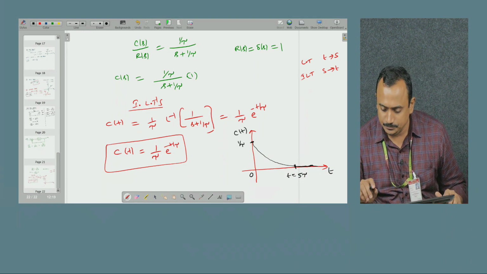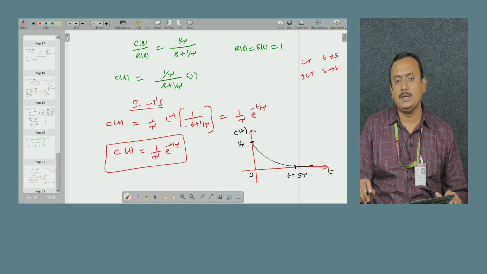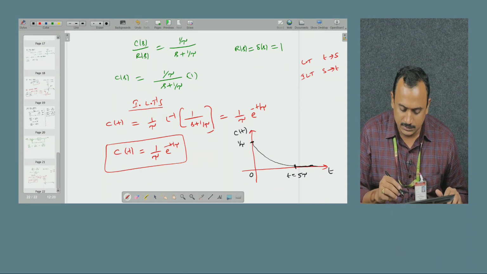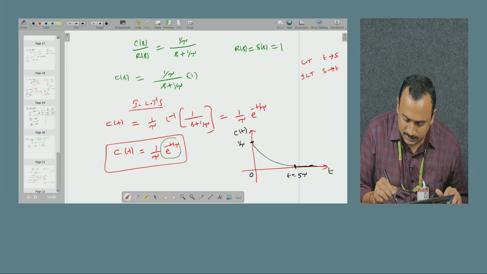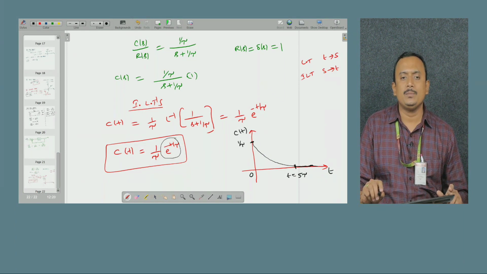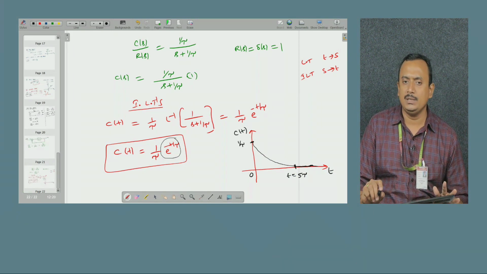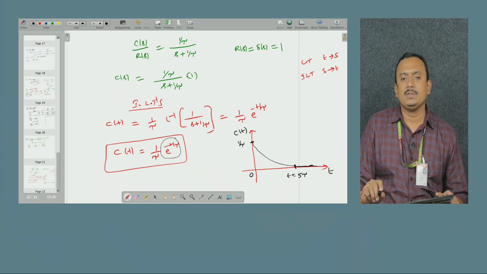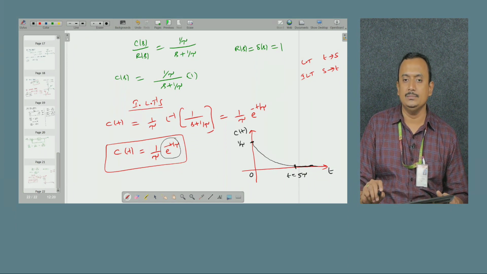Now this is the impulse response of the first order system, right? Now what is the observation here? Look at the C of t value. This C of t value is having alone e power minus something, right? If any response has alone e power minus t by tau or e power minus something, you remember the system response will be an exponentially decreasing value.